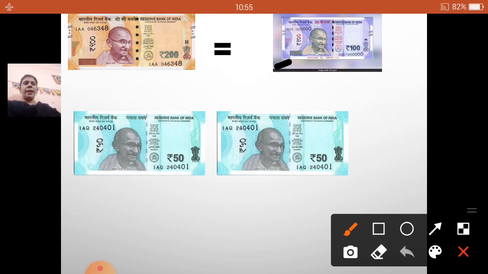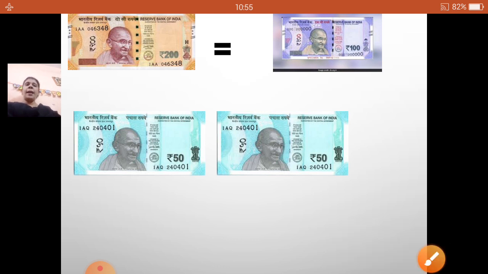Now 100 plus this 50 will be how much? 150. If to that 150, I add one more 50, what amount am I going to get? Yes, 200. That means 100 rupee note and 2 50 rupees notes will make 200 rupees.